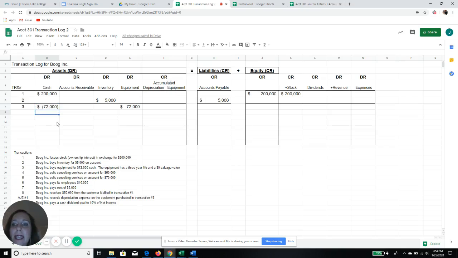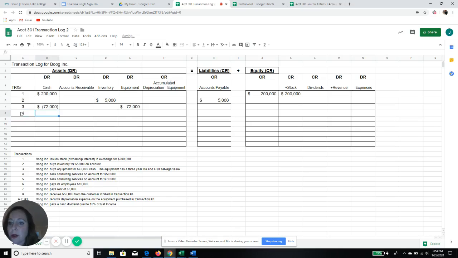You see that the negative shows up as parentheses. In accounting, rather than using a minus sign, we use parentheses to indicate that it's a decrease or a negative number. So the net impact to our assets was 0. We increased equipment by $72,000 and decreased cash by $72,000. We didn't do anything on the liabilities or equity side, so that's 0 as well. So we're in balance.